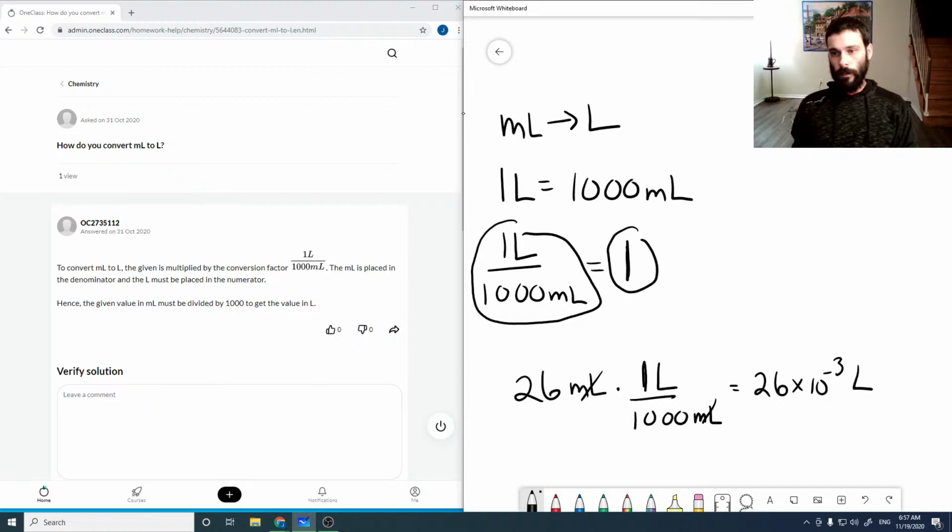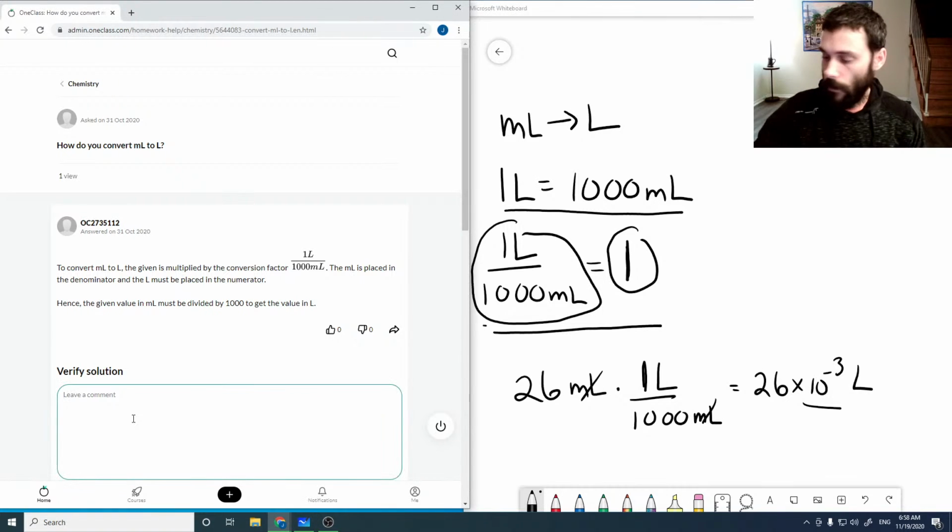Obviously, there's a few easy or simple ways to skip some steps here, right? Because you could just add on the times 10 to the minus 3, but you'd have to remember that it's 10 to the minus 3. But I find if you can keep track of the relation between them and remember that this is how these conversion factors are made, that it's almost impossible to go wrong.